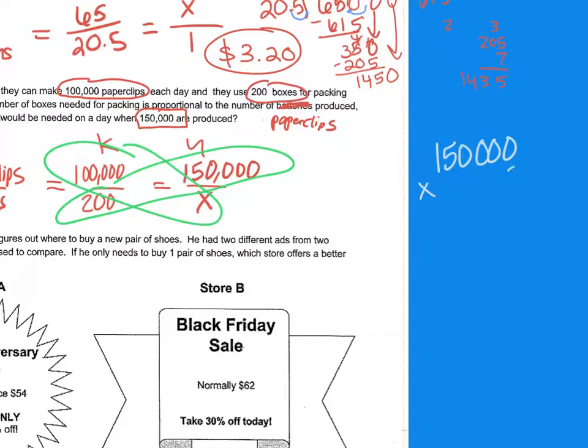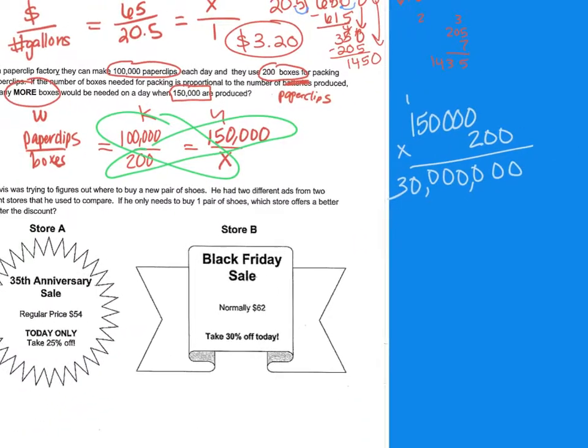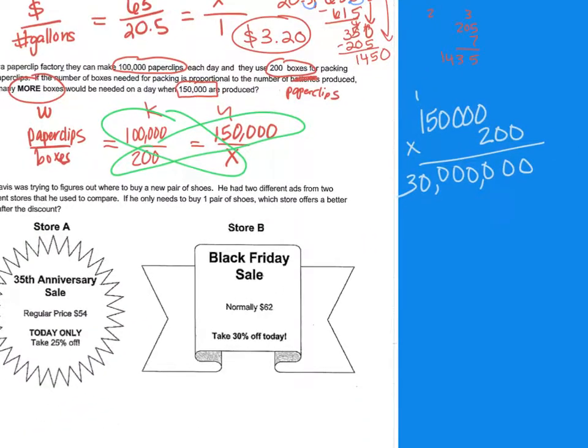If you just multiply by 2, you can kick those zeros out. So that's a big number, 30 million. But then we've got to divide by 100,000.